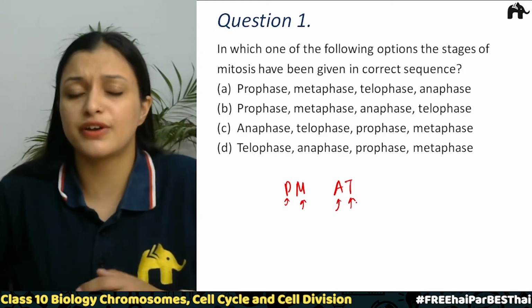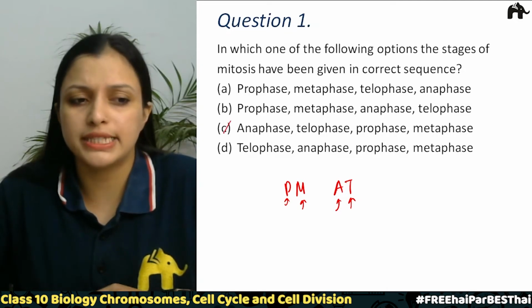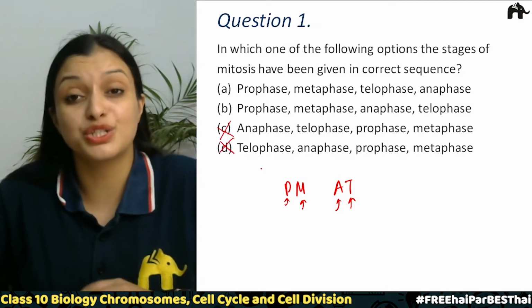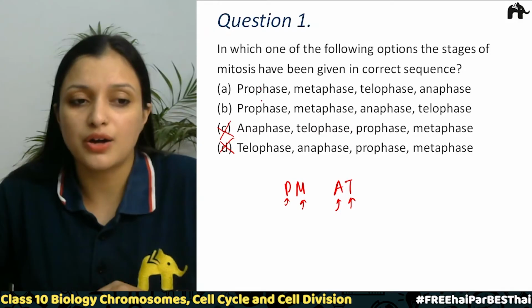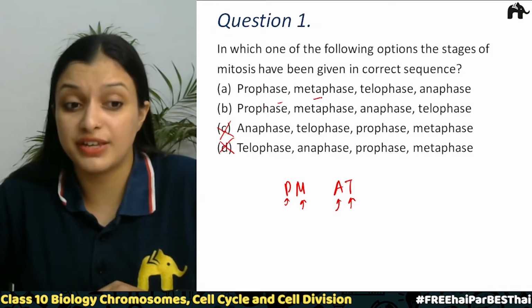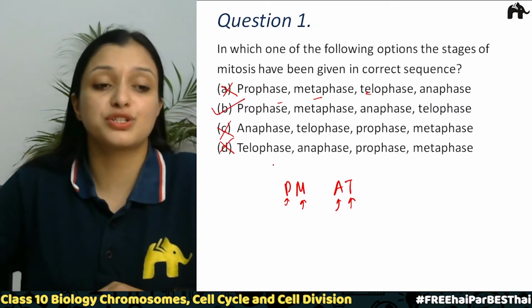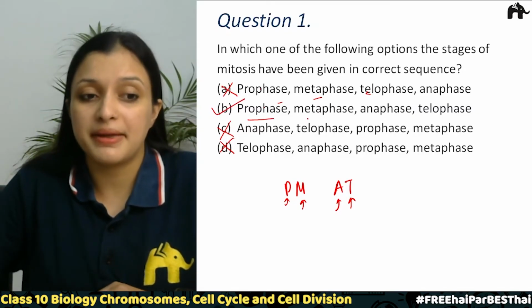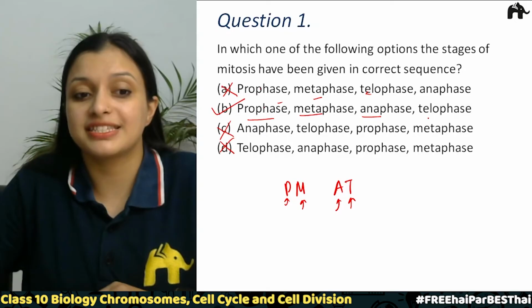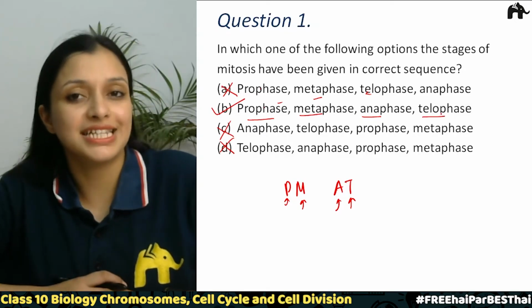So let us identify the correct option. These two are eliminated because prophase should be the first one. Now out of these two, prophase, metaphase, but not telophase, it is anaphase. So B is the correct option. Prophase, metaphase, anaphase, and the last one is telophase.